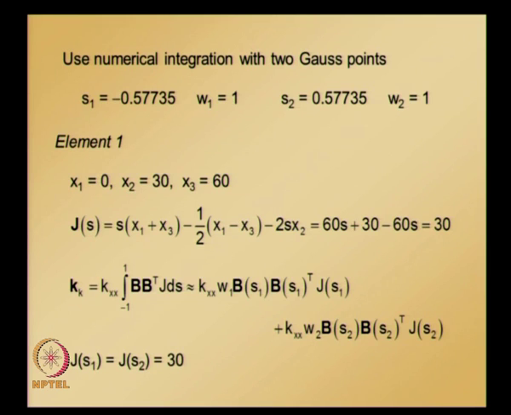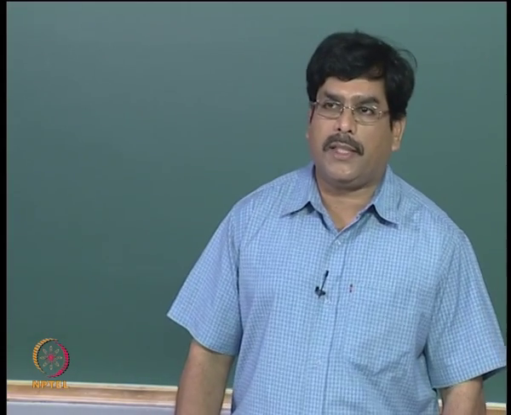So the integral kk can be approximated as the evaluation of the integrand at each of these Gauss points, multiplied with the corresponding weight and summed up. That is what is shown there, and J is constant at both integration points, which is 30.